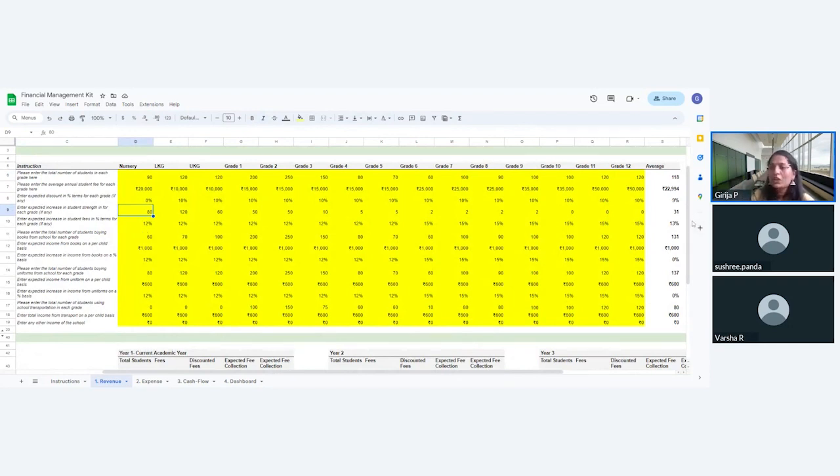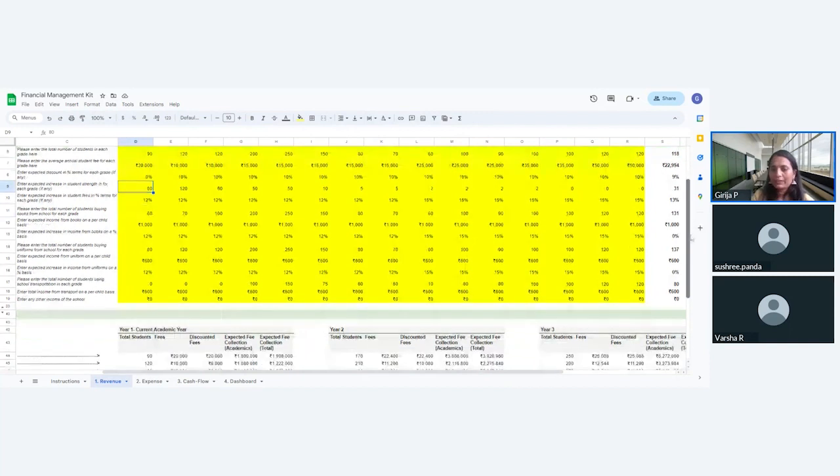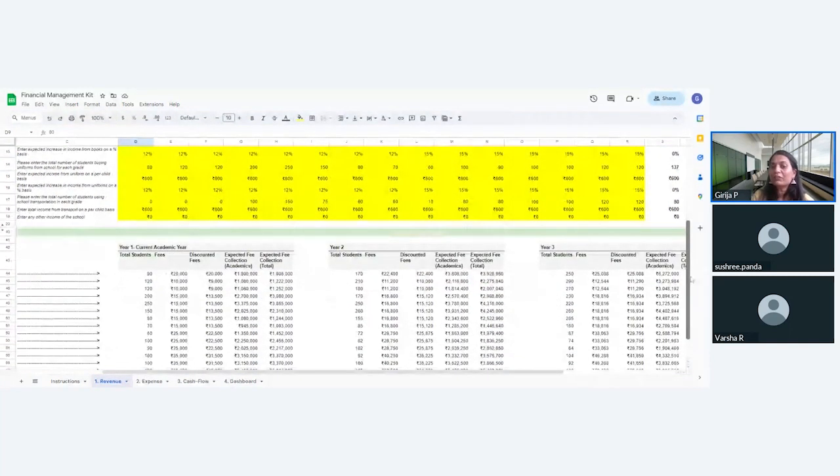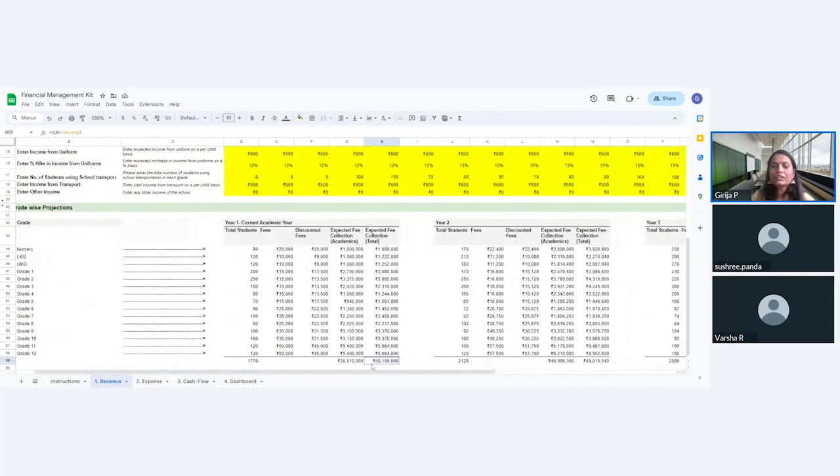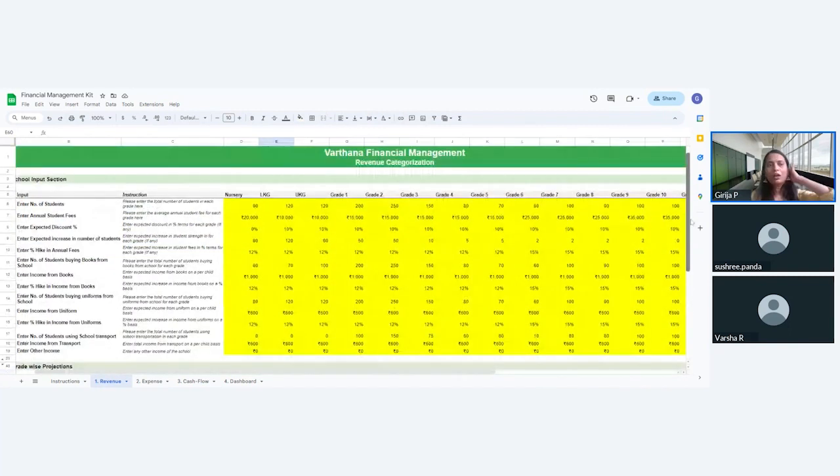That has been captured by the tool, and it has shown me, if my student strength increases by 80, how much my fees collection will look like for that particular class, and how much my expected overall collection will look like, and similarly for the next year as well. So this tool will help you understand how your income sources are going to look in the current year and the coming years as well.